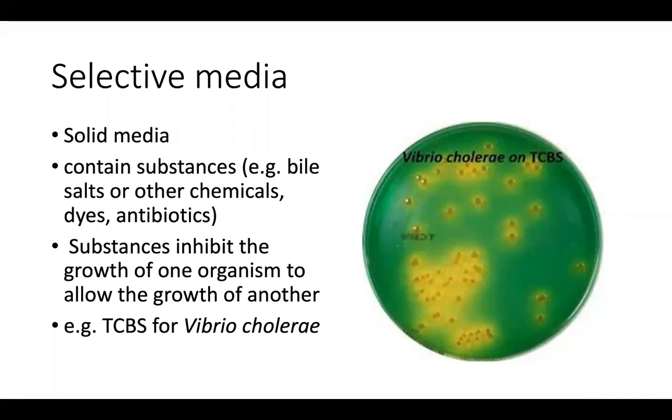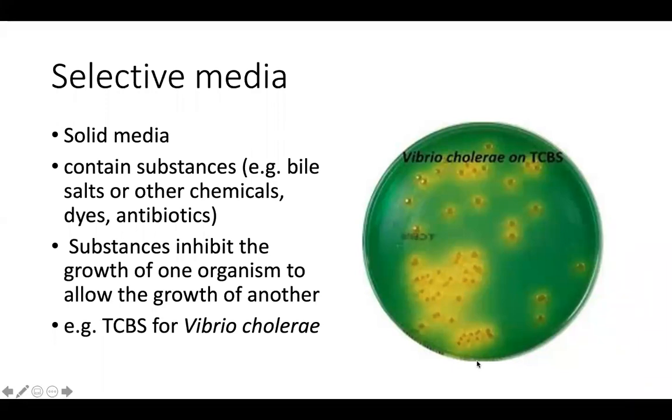And then the second day, you inoculate onto the solid medium, the selective media, which is solid. So you first increase, you might have had like 10 bacteria, so you're giving them the chance to increase in number and then transfer them, it's called subculture, onto the selective media, in this case TCBS, so that you're able to view the colonies.